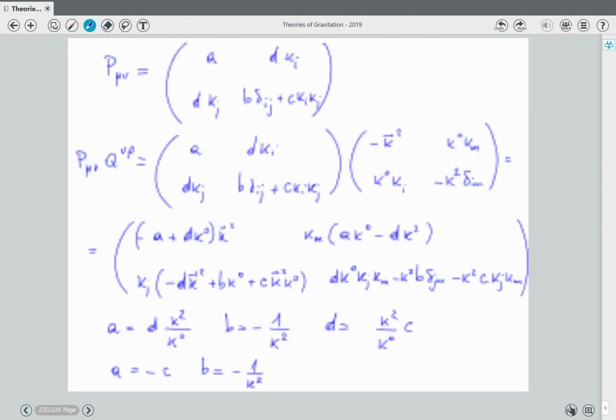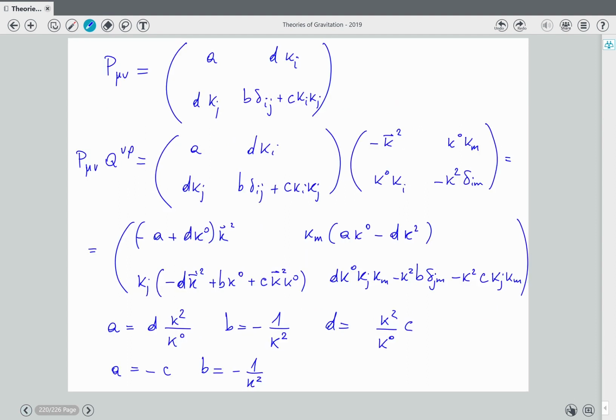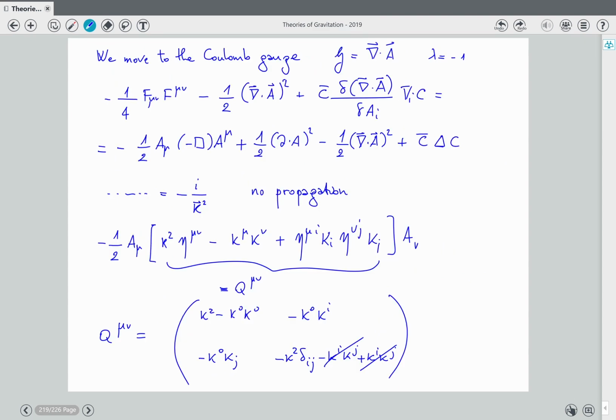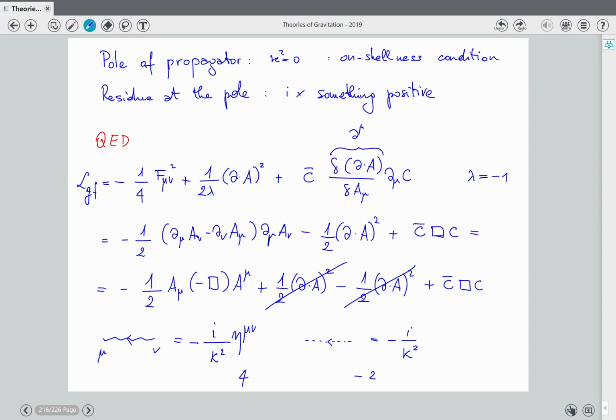So for example, take the propagator of the ghosts here. This is the propagator of the ghosts in the ordinary gauge, and this has a pole.